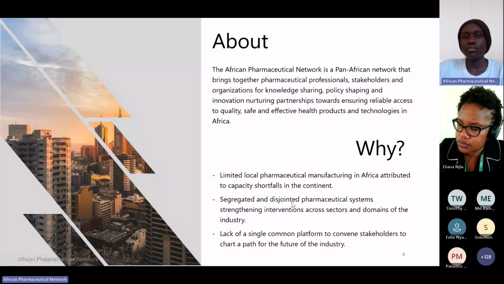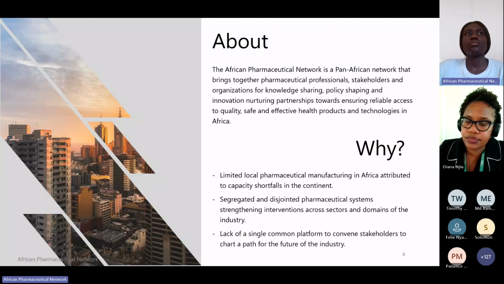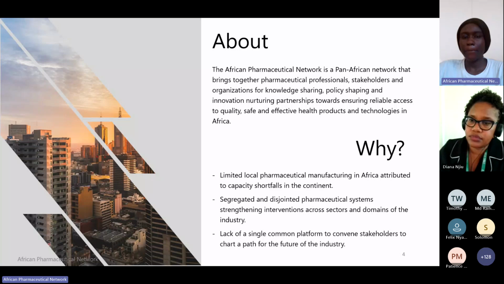One thing that prompted us to do this was that in addressing these challenges that hinder us from achieving pharmaceutical system strengthening, we don't have to wait for all the conditions to be right before we can effectively address them.